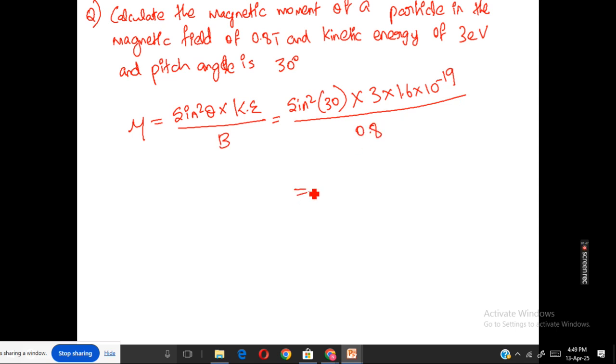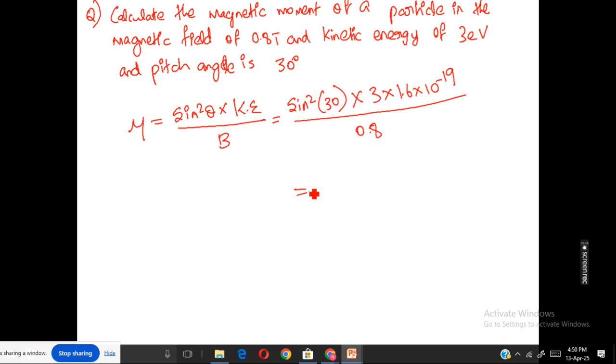The answer will be sin square 30 into 3 into 1.6 into 10 raised to minus 19 divided by 0.8.